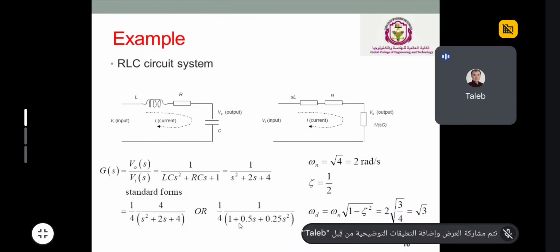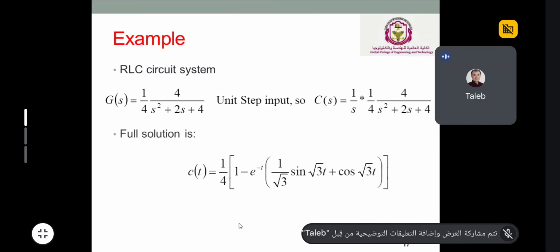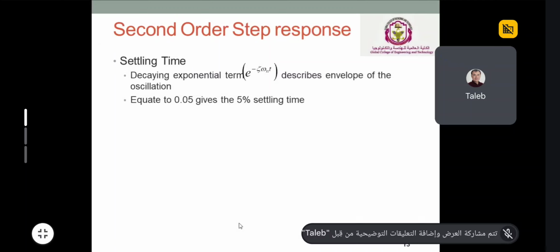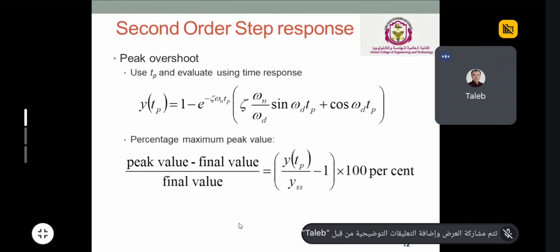And then omega d. Here, you don't need to do this calculation in the time domain like this. I give you this formula. Let's go back to the formula. Yes, this one. This is the formula for the output.